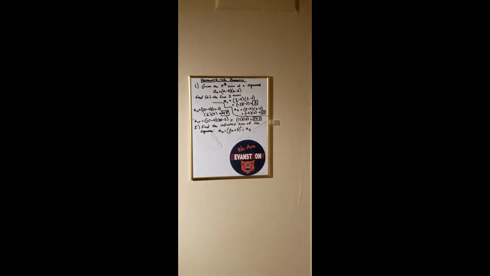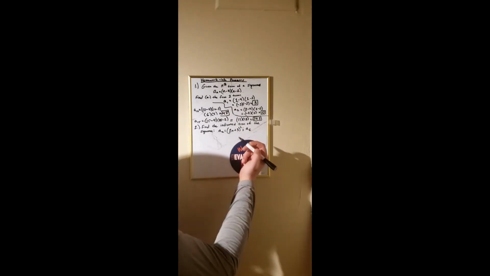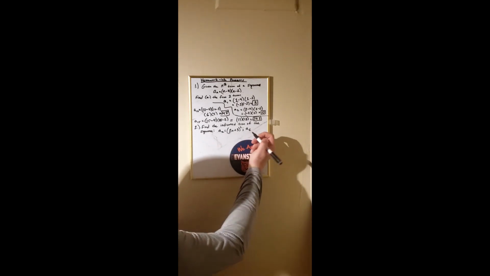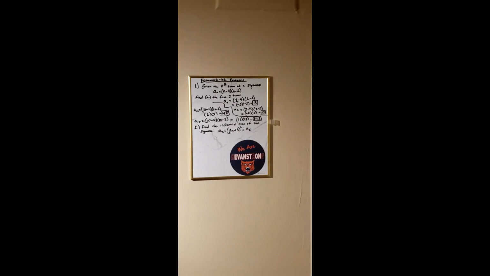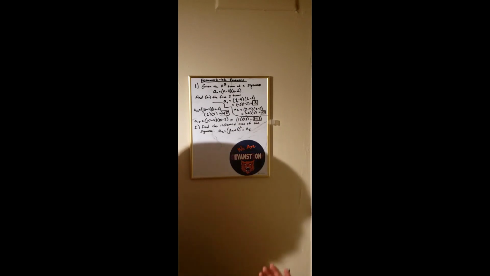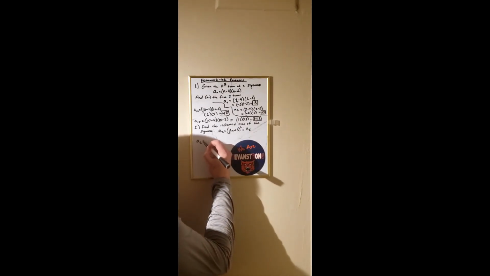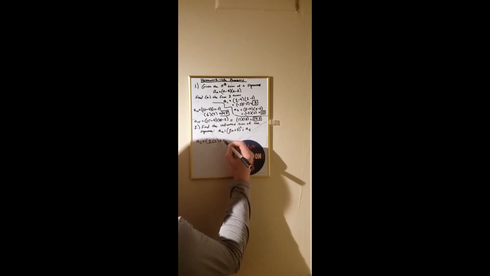Okay, and the last problem says find the indicated term of the sequence a sub n is equal to the quantity 2n plus 3 squared, with a sub 6. So this is the indicated term. Find the sixth number of the pattern. It's not 6. I mean, it could be 6, but it's really saying what is the sixth number in this sequence.